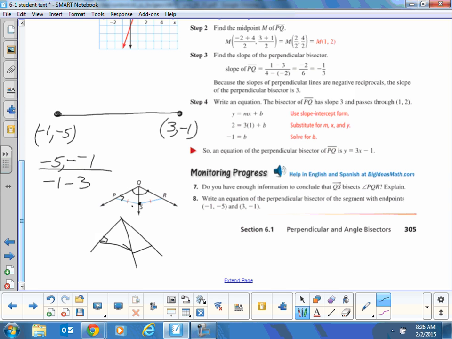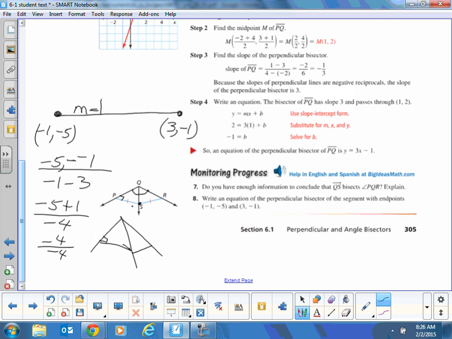So I've got -5 plus 1 over -4. So I've got -4 over -4. So the slope of this line right here equals 1.